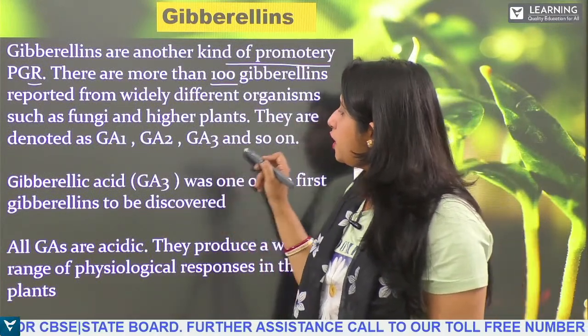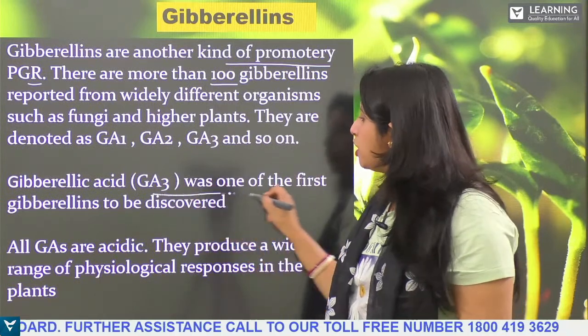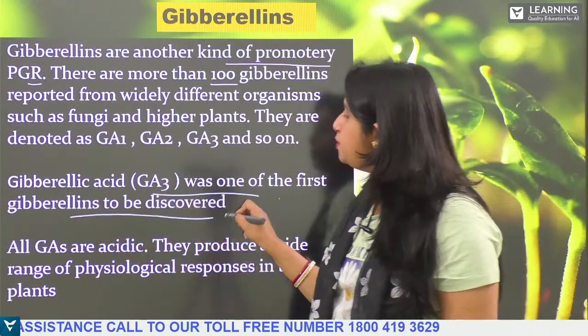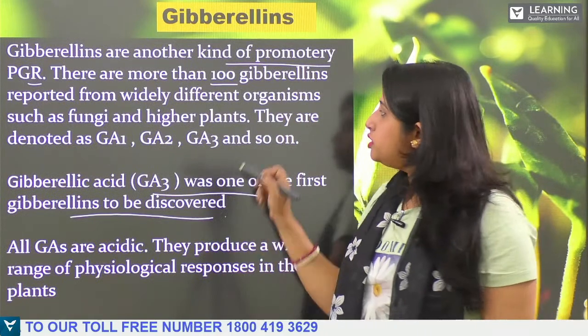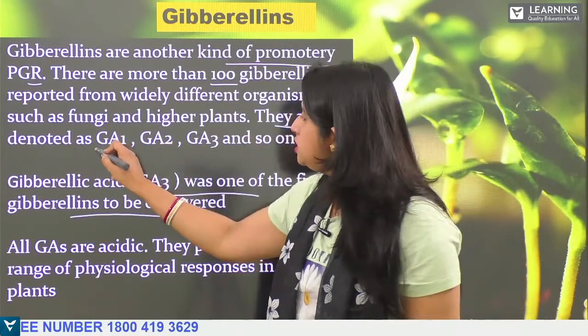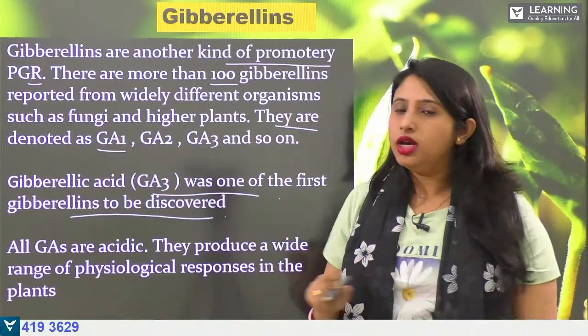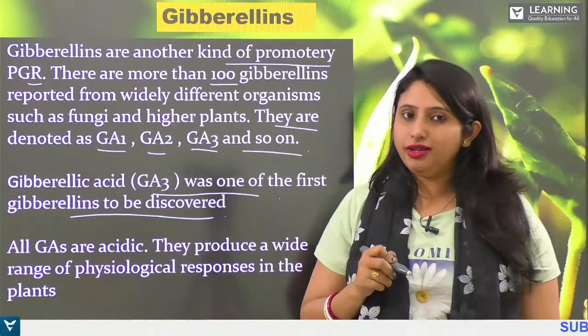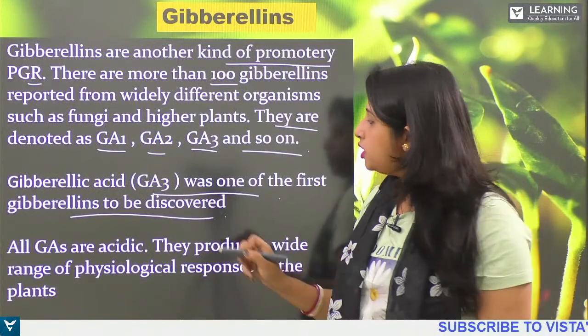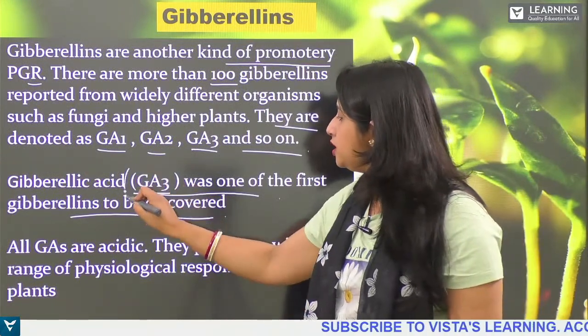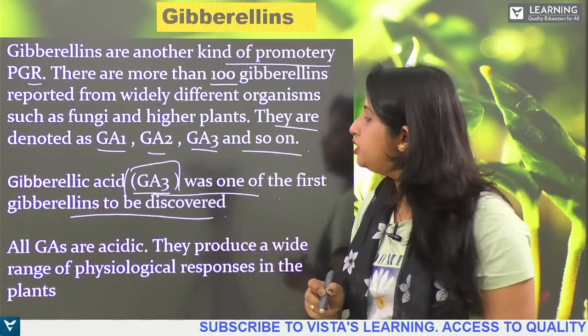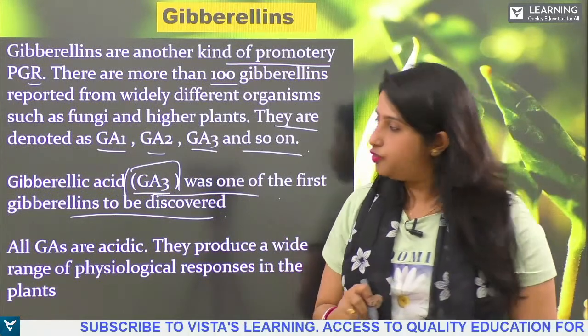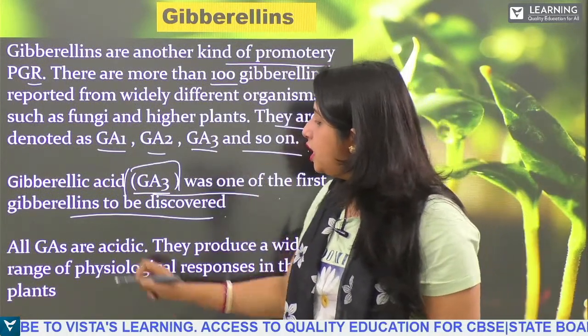Among them, GA3 is one of the first gibberellins to be discovered. They are denoted as GA1, GA2, GA3, and so on. Among them, GA3 is the first gibberellin which has been discovered, gibberellic acid 3.